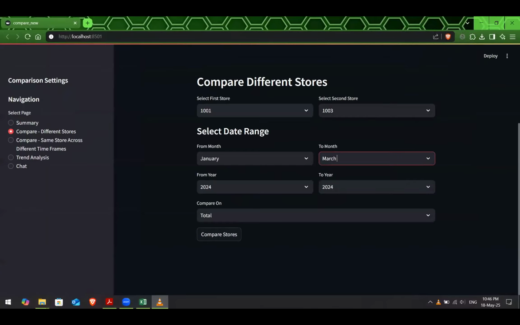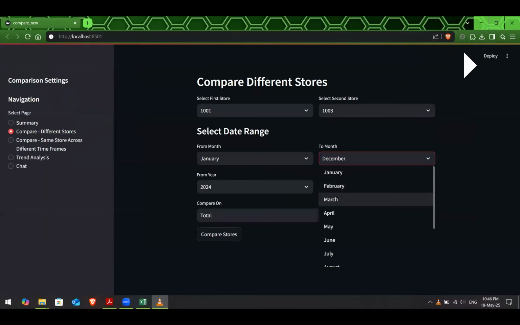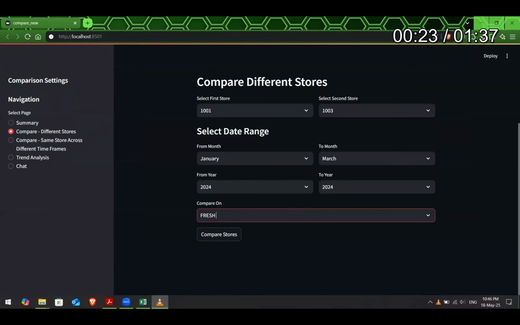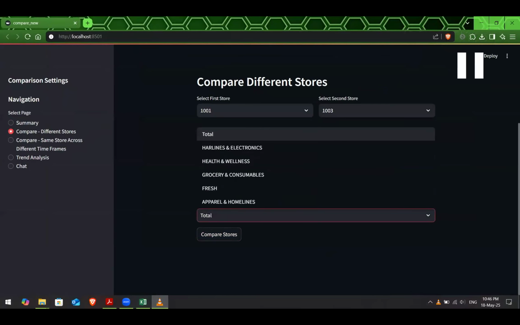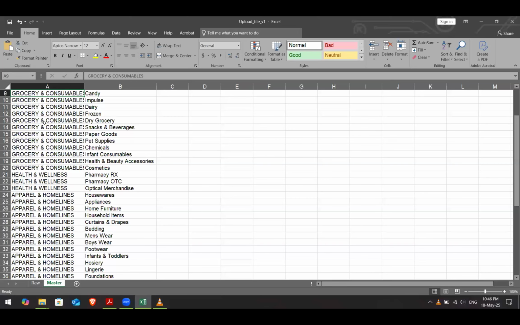And then we can compare different stores. So I'll have multiple branches. So I need to check how each branch performed. So even here, I can choose which store I want, or even the time period. And then we'll be having the compare on option, which is we'll be comparing on these departments.